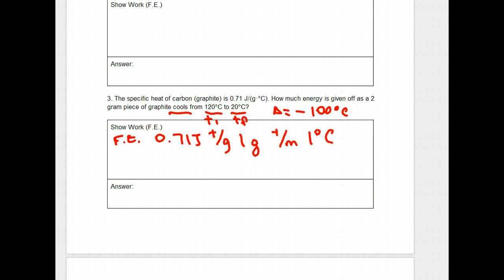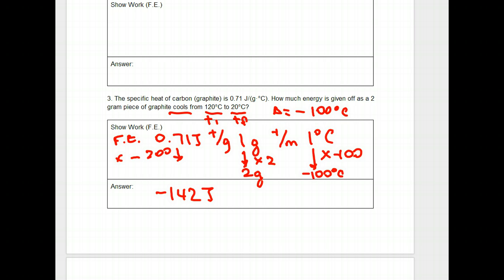Now we have the amount for the temperature, which is negative 100 degrees Celsius. We have the amount for the grams, 2. So we're multiplying by 2 here, and we're multiplying by negative 100 here. And what we would do here is multiply by negative 200. So what we should get is negative 142 joules.